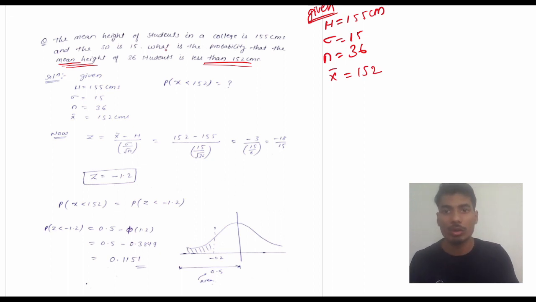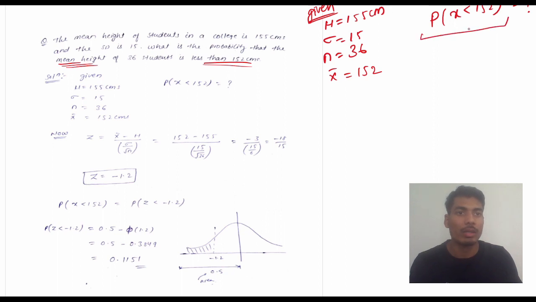Okay, and they are asking what is the probability that the mean height of 36 students is less than 125 centimeter, means probability of x bar less than 125, we have to find this one. But we don't know how to find this directly. If we convert this x in the form of z, then we will use the z table, and using the z table you can find the area.